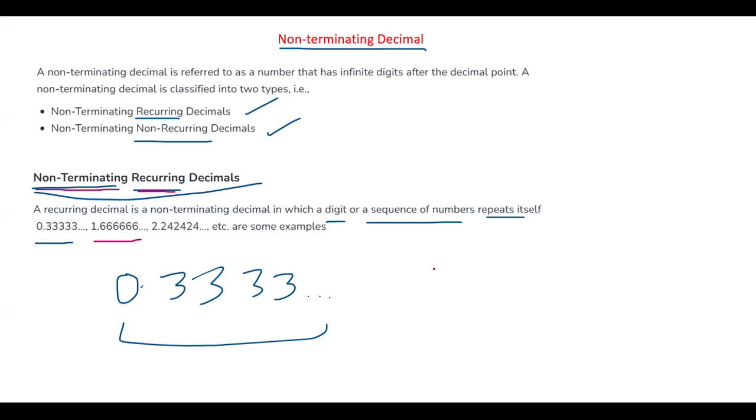Now comes the third example, which is 0.2424 and so on. Here we can see 24 is repeating an infinite number of times. So it is non-terminating because it is not ending anywhere, and it is recurring because recurring means repeating. So this is a non-terminating recurring decimal.